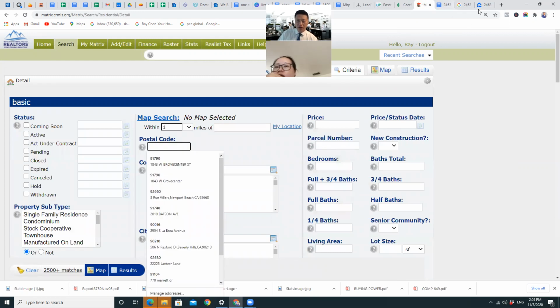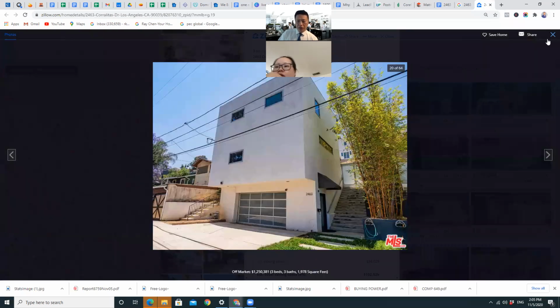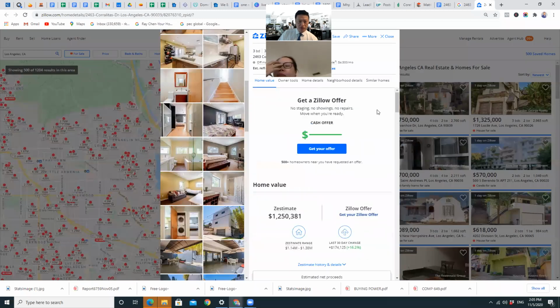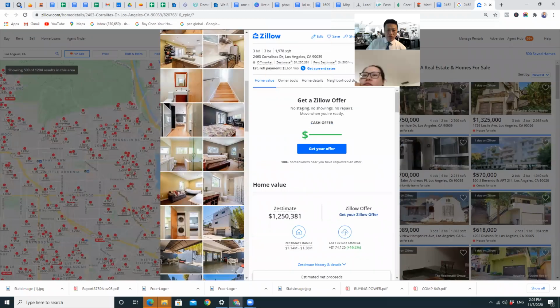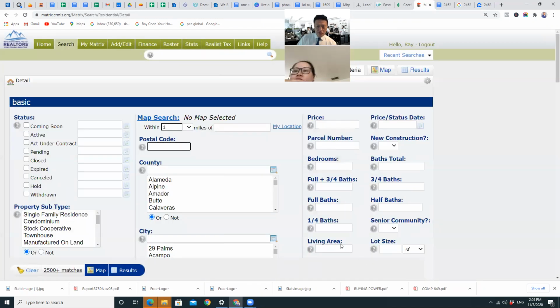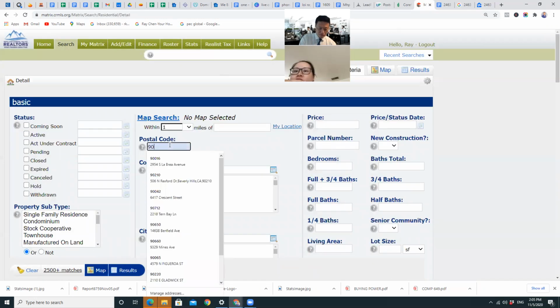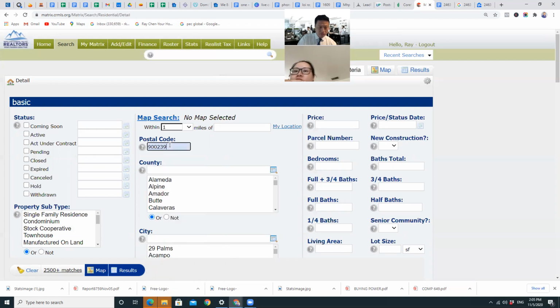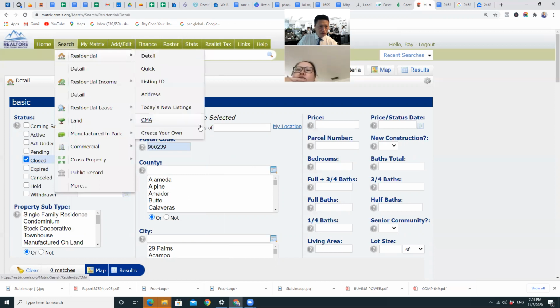Are people offering above the asking price or below the asking price? So 90039. Let me look at the closed homes. There's no closing at all? Oh, the zip code's wrong. You have a 2 in there.